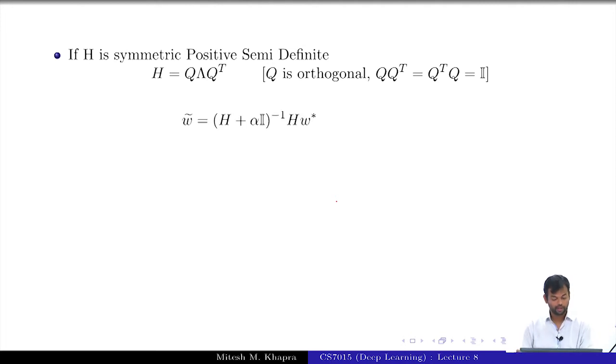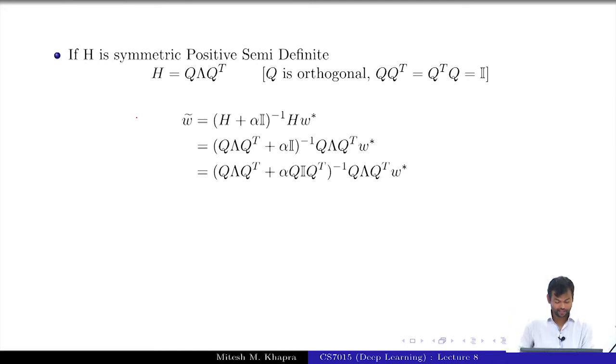Okay, now let's start with whatever we had on the previous slide and substitute. Instead of H, I'm going to use Q lambda Q transpose. So is that okay? I'll just go over the steps and let me know at any point if you have a problem.